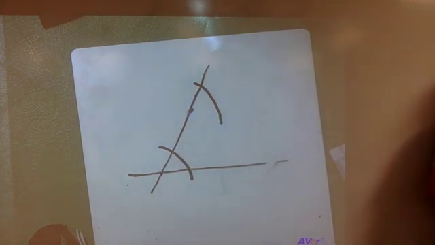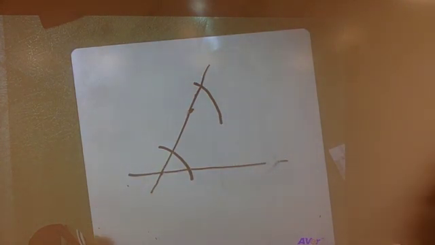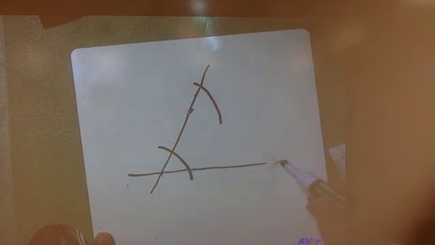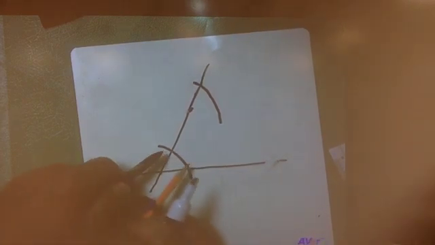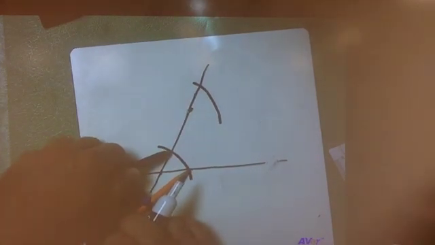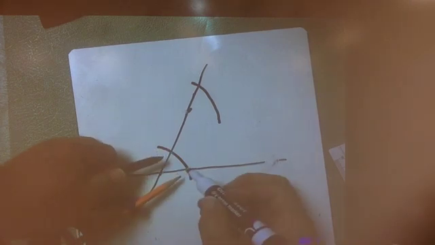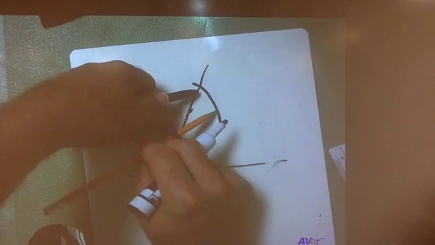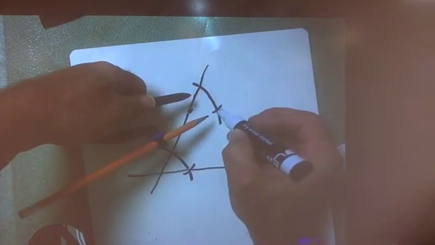All right, now we just have to measure how far down this arc that we just drew the bottom side of this angle is. So we start from this point and measure down to here, put a little mark there so we know we measured it, and then come up here and measure the same thing. So it's right around there.